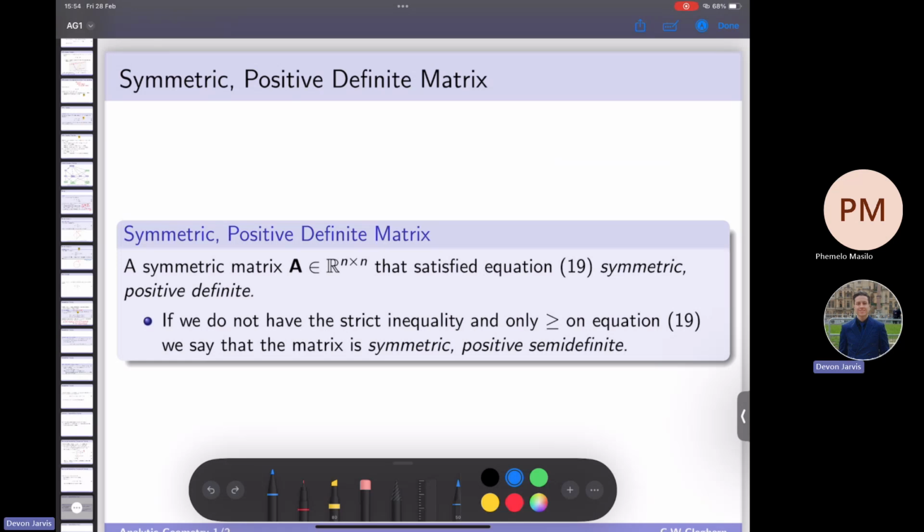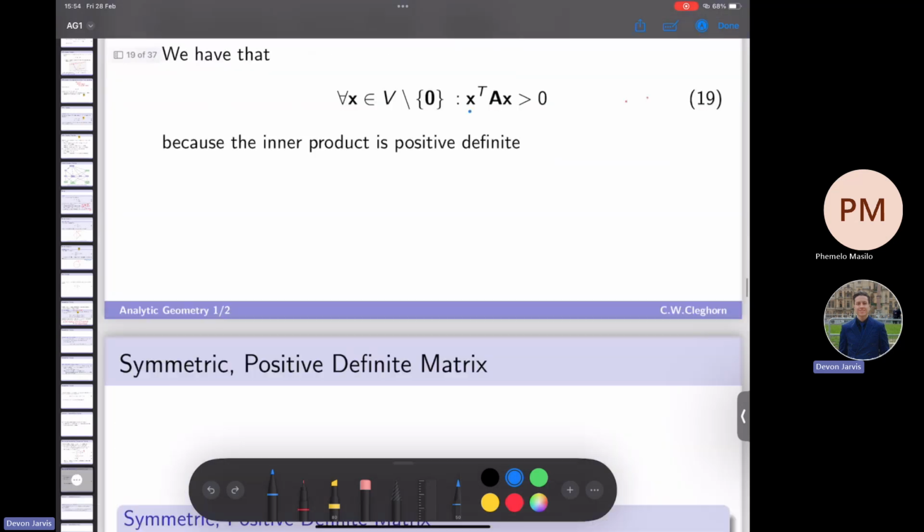So a symmetric matrix that satisfies equation 19, in other words, it is symmetric positive definite. If we do not have the strict inequality and we only have a weak inequality in equation 19, then we say that the matrix is symmetric positive semi-definite. And in that case, that corresponds to if you have a low rank set of vectors here.